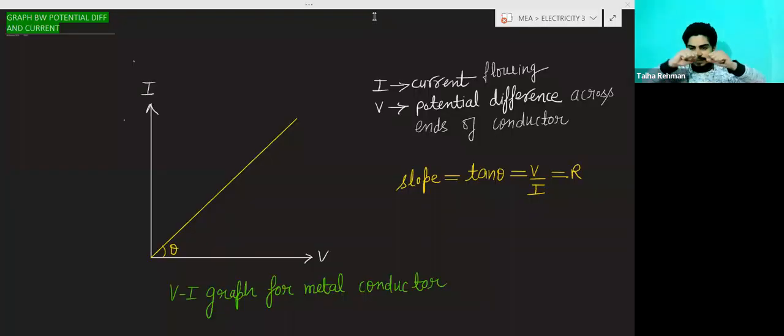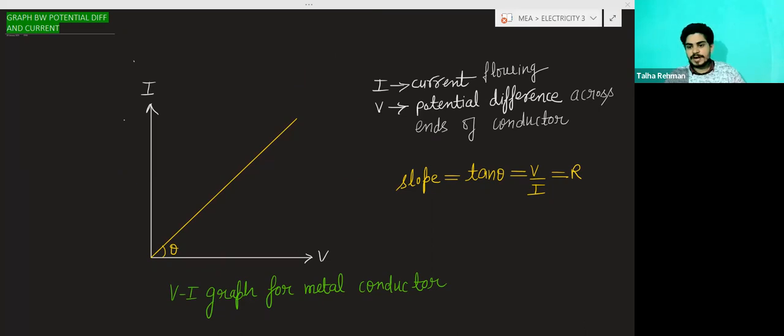We'll discuss that. I am telling you, if you increase the length of the wire, resistance will also increase. So resistance is directly proportional to the length of the wire. If you increase the area of cross section of the wire, then resistance will decrease.